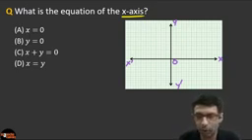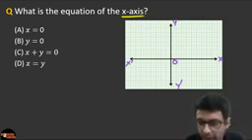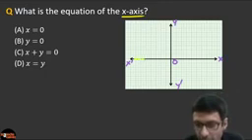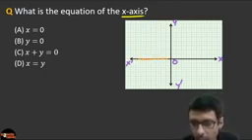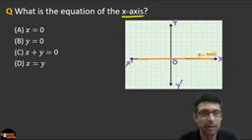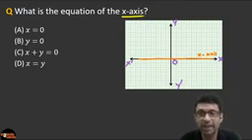Okay, so we are talking about the x-axis, which is this guy. This horizontal line, let me draw it in orange here. Our horizontal x-axis. On the x-axis, the y value is fixed, because y is basically 0.